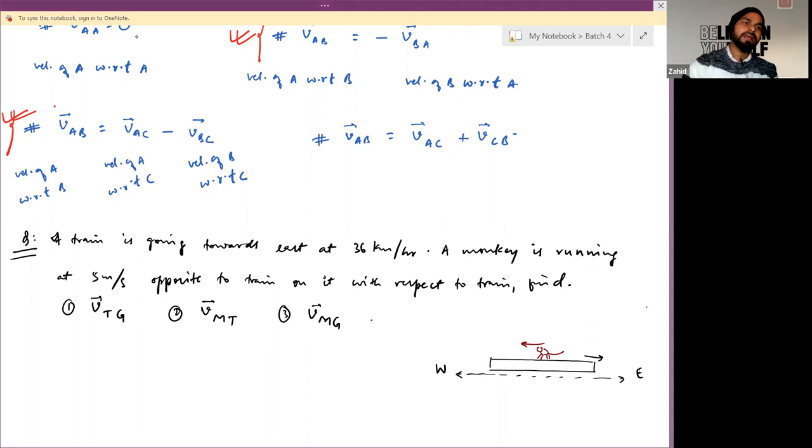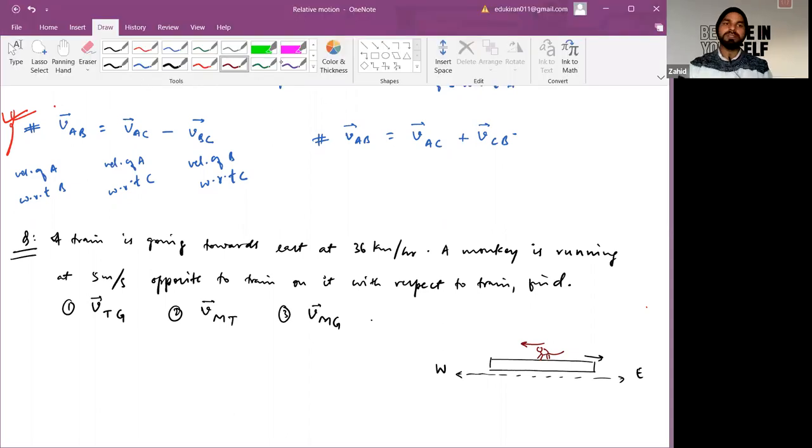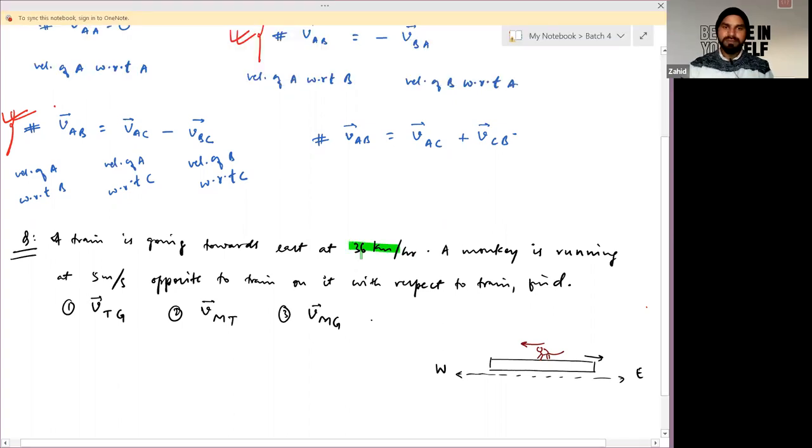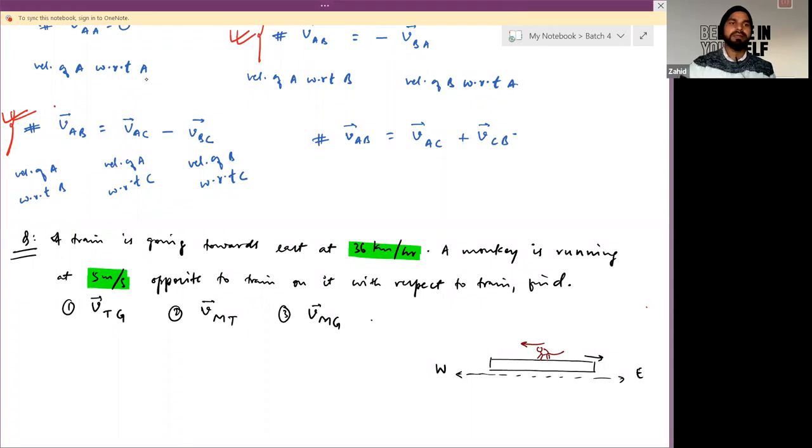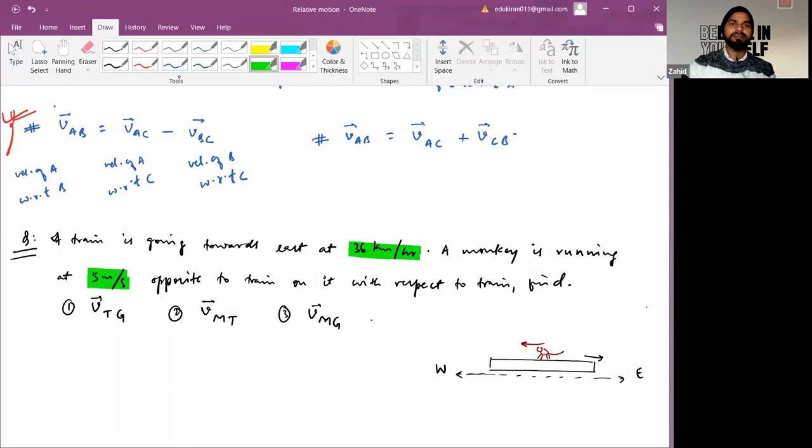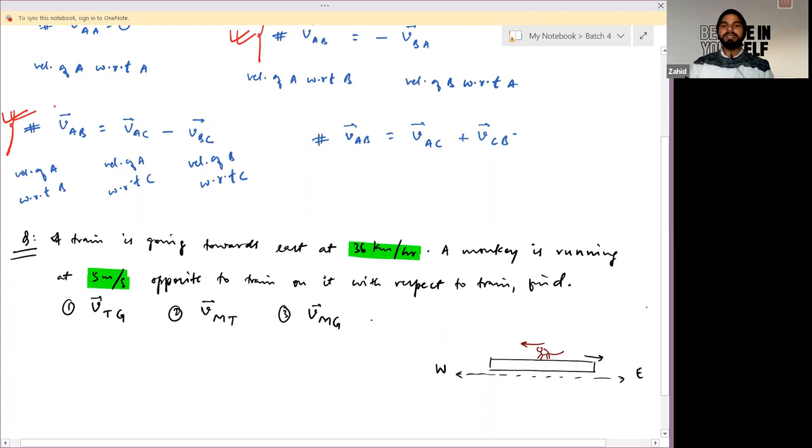And then use the above formula to find velocity of monkey with respect to ground. So in this part, we have velocity of train as 36 kilometers per hour. Velocity of monkey is 5 meters per second. Just use these two terms to find these terms. Try to solve.